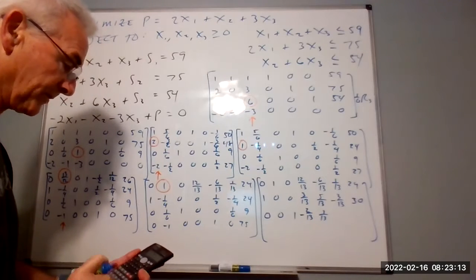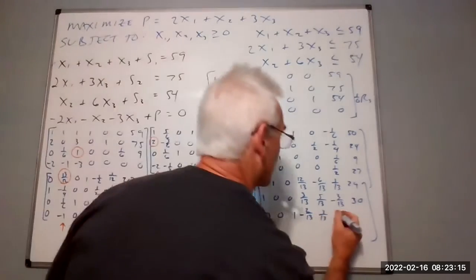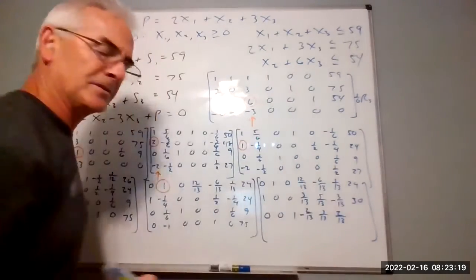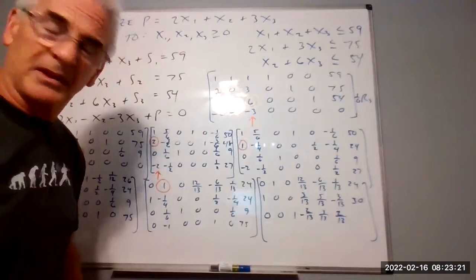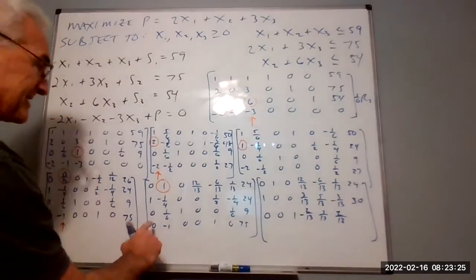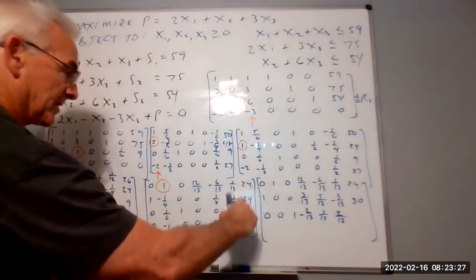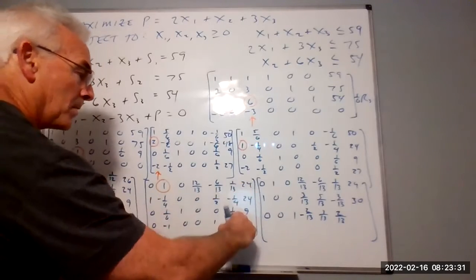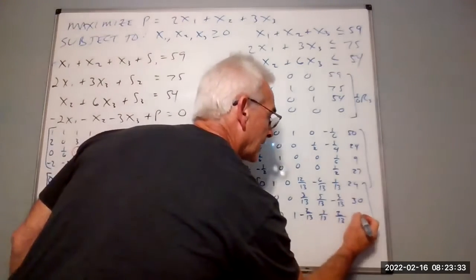Can I use my calculator for that one? That would be 2/13. And by the way, notice the consistency of the denominators. That's a good thing that I keep seeing the same denominator over and over again. Negative 1/6 of this plus this. So negative 1/6 would be negative 4 plus 9. That would make that a 5.